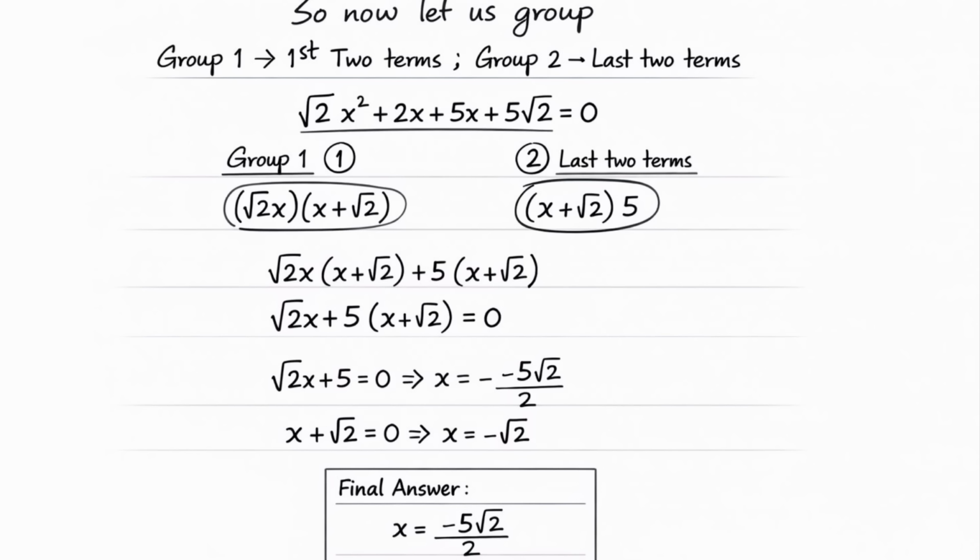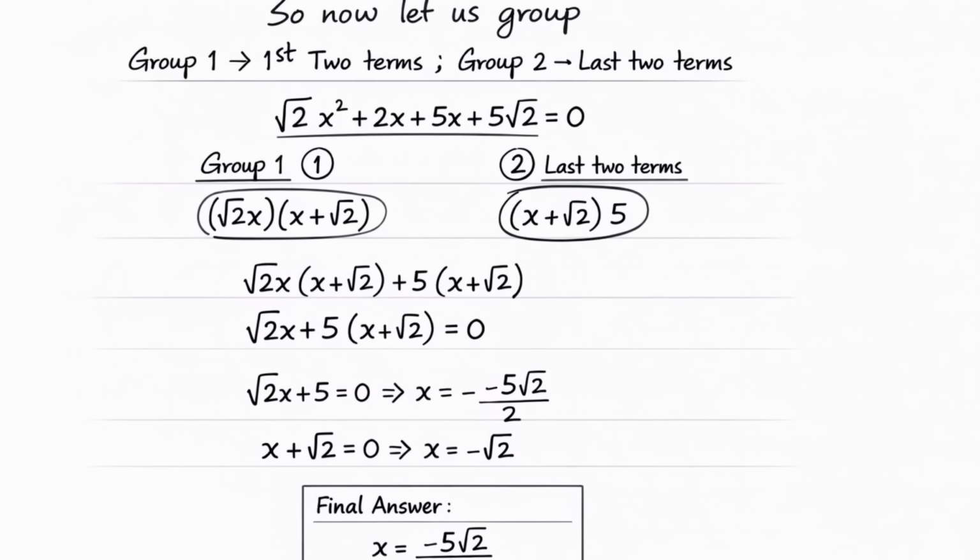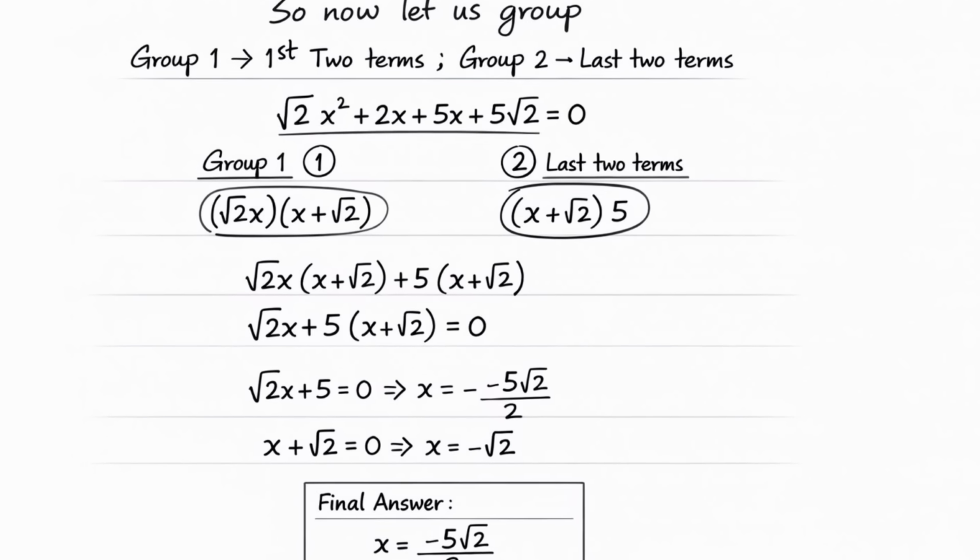So what should we do? Just put plus 5. You just see, when x plus root 2 is multiplied by 5, the expression becomes 5x plus 5 root 2. So in the gap, write plus 5. It is very simple. Now the equation is root 2 x multiplied by x plus root 2, plus 5 multiplied by x plus root 2. So you can write it as root 2 x plus 5 multiplied by x plus root 2 equal to 0.